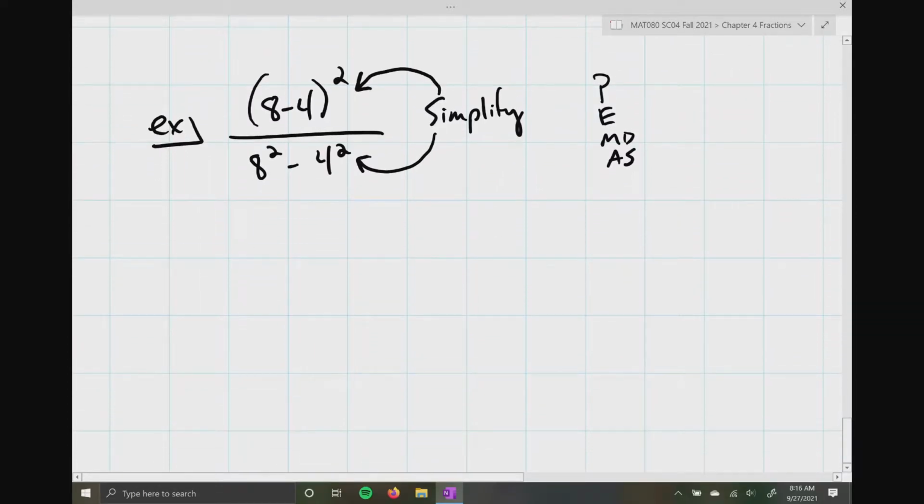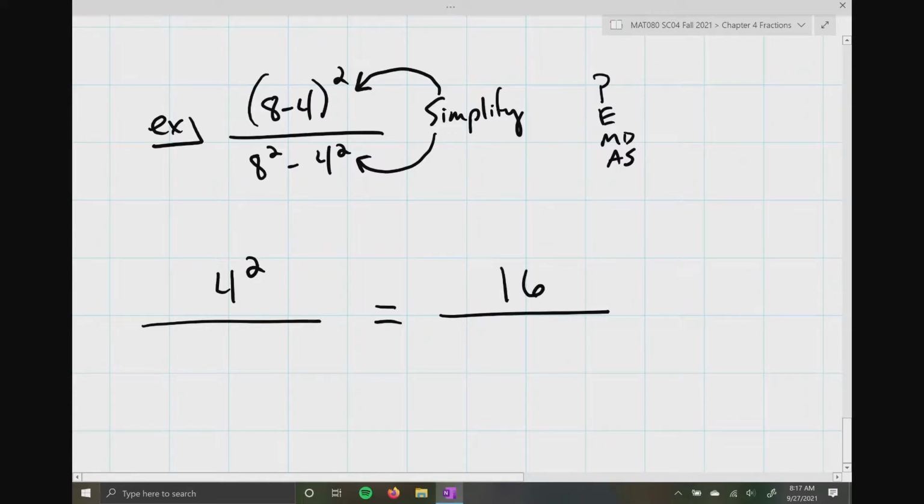So for this problem right here, let's focus on the numerator. We have the quantity of 8 minus 4 to the second power. So we're going to do the work inside the parentheses first. So we get 4 to the second power. And then 4 to the second power is going to be 16.